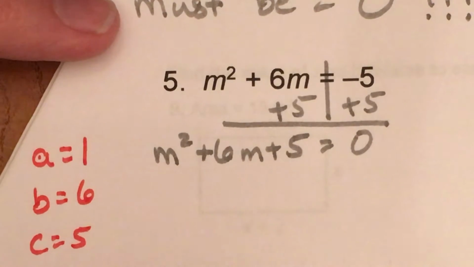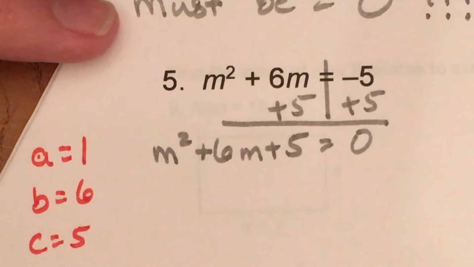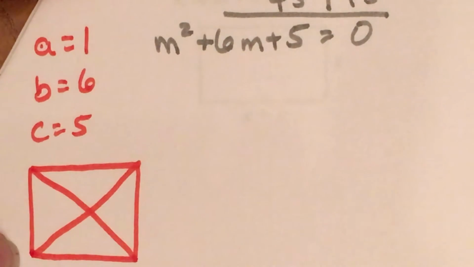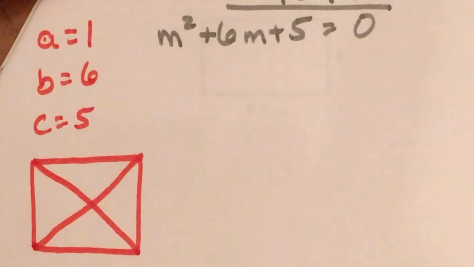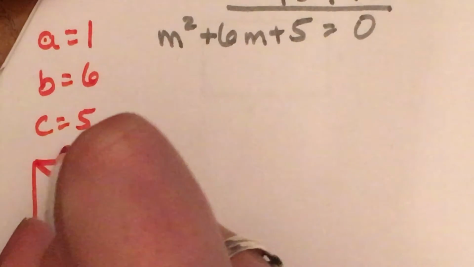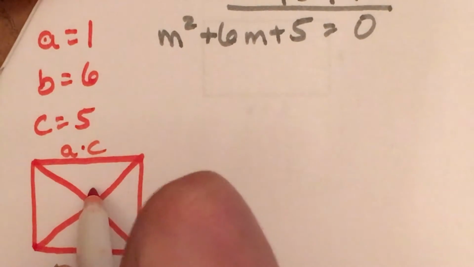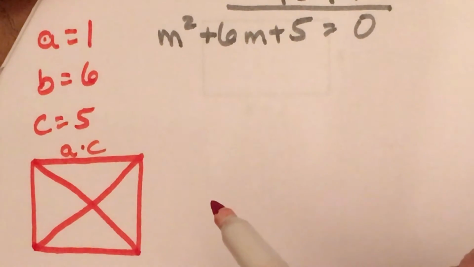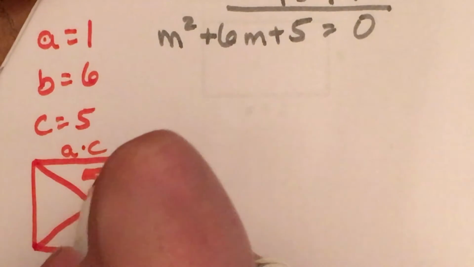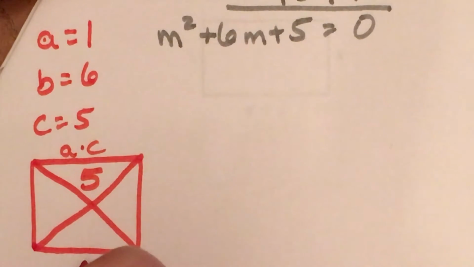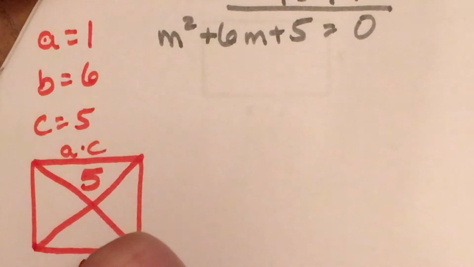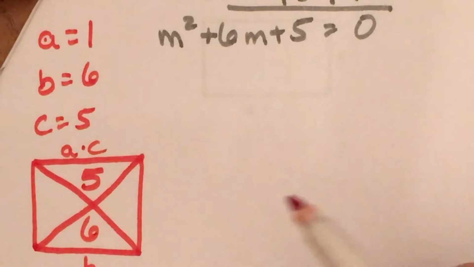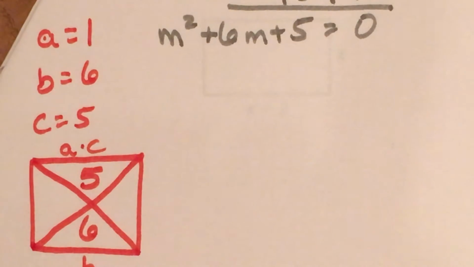I've got my box with my X in it. So my top triangle, A times C, what goes in there? Good, it's a 5. What goes in my bottom triangle? Good, it's a 6, because that's B.